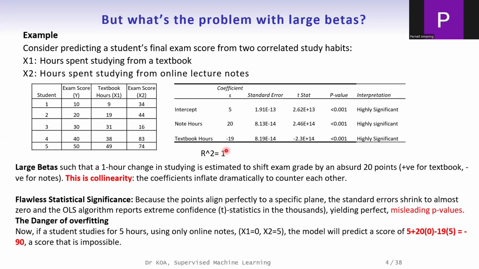Yes, Penel. Yeah, please, I think it's good because the model is trying to say that all variations in the dependent variable are being explained fully by the independent variables. All right, Dr. Say.